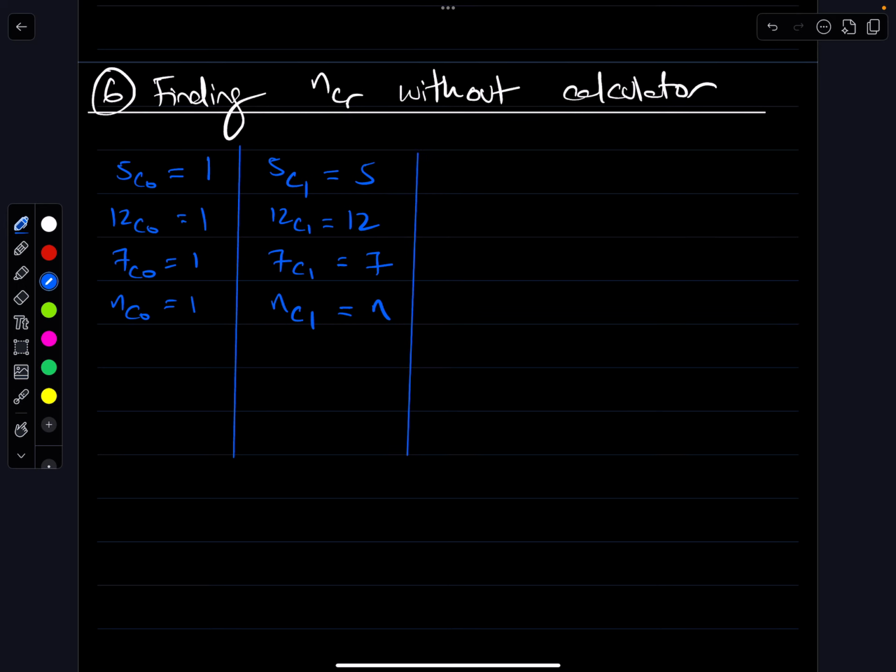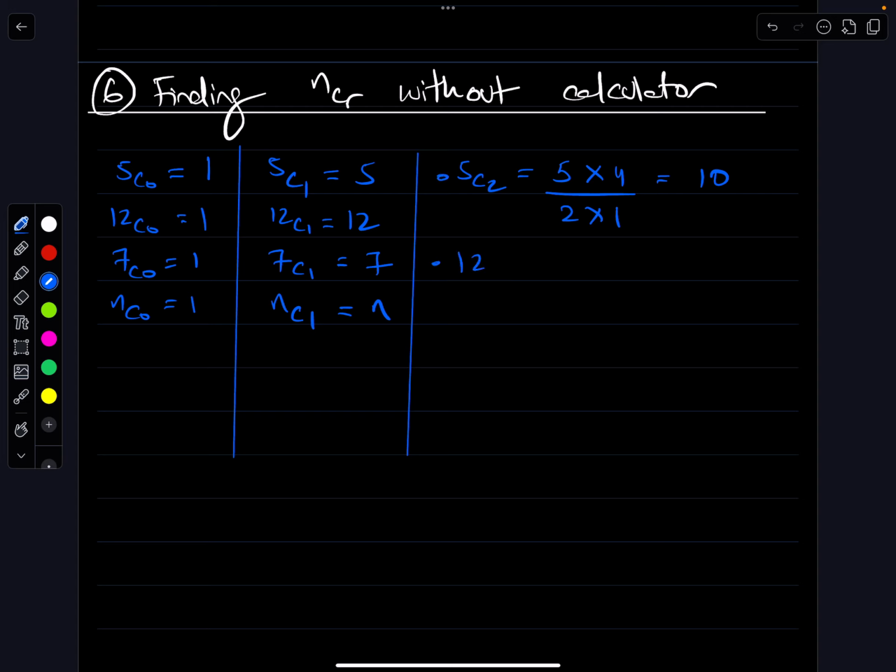Now we have 5C2. We have two numbers in the numerator and two numbers in the denominator. So 5 multiplied by 5 minus 1, and 2 multiplied by 1. Just count down. And this turns out to be 10.